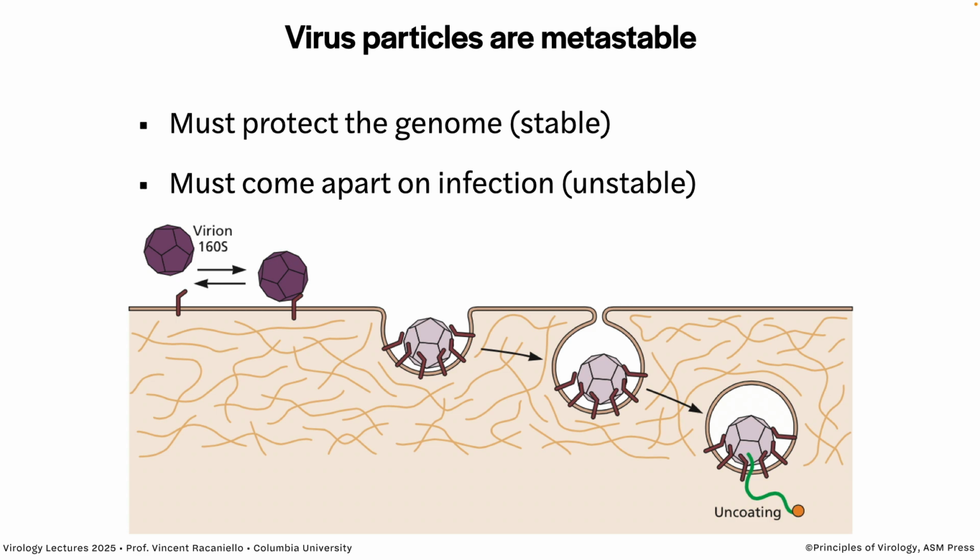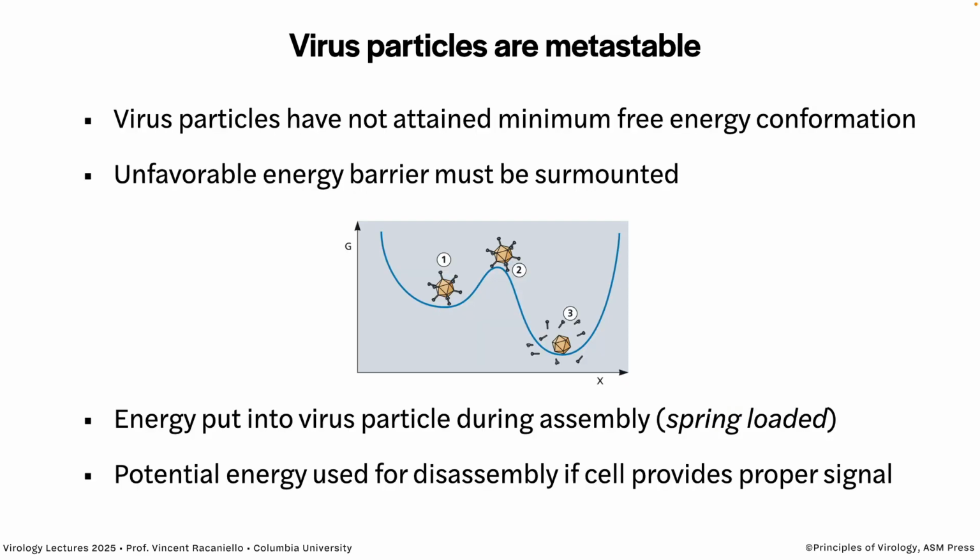And that's illustrated here for poliovirus, where actually binding the cell receptor is enough to trigger instability of the particle and release the genome. And Wednesday we'll talk about a number of different ways that virus particles become metastable. But the basic principles are as follows.